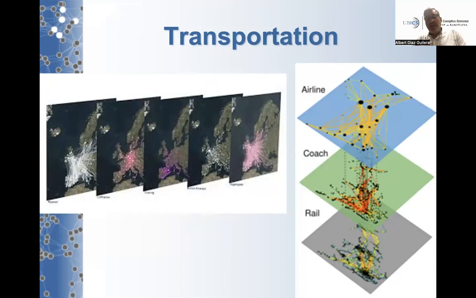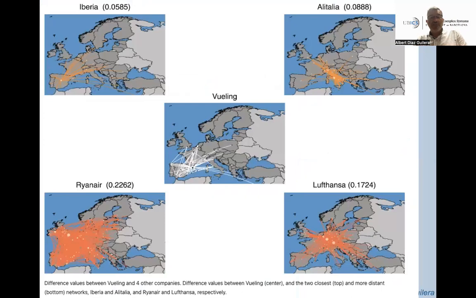Or we can have, in a country, different sorts of transportation media and how they move between different places. Here is another map which relates again to transportation, which identifies the difference between the patterns of connectivity of the different companies.